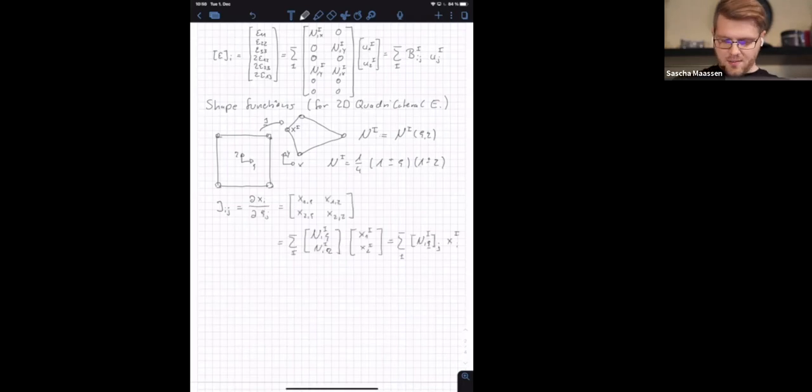And we can compute this. J is basically the derivative of our nodal coordinates, these are the coordinates in the physical space, like literally these coordinates here, with respect to the parametric space. This is obtained by interpolation again, but using the derived shape functions with respect to the parametric space.